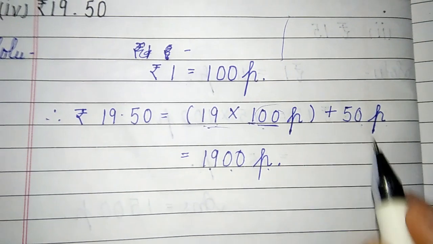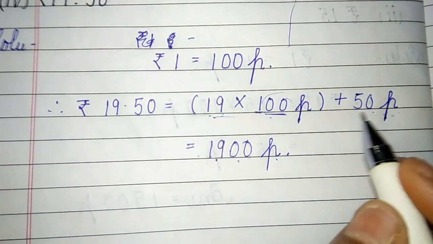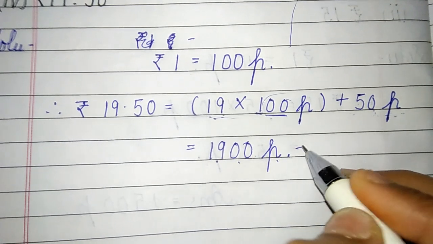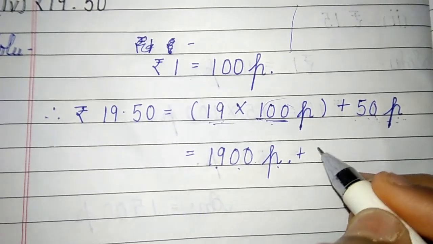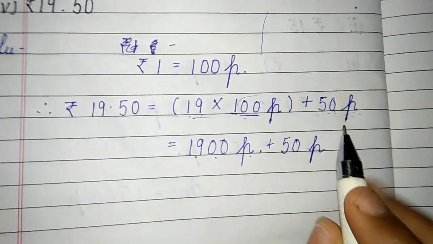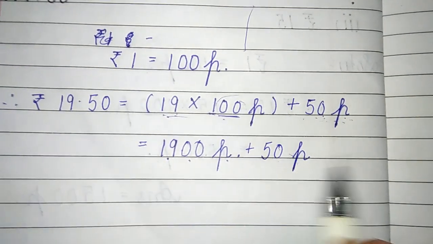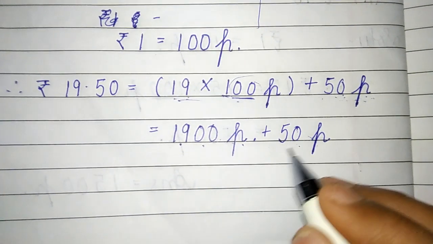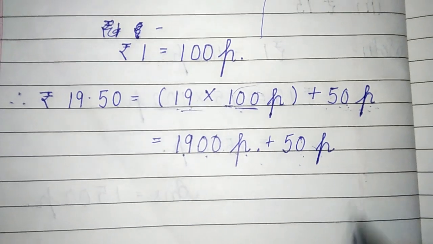Now we will add 19 hundreds paise with this paise. This paise means 50 paise, written here. So now we will add it with this.